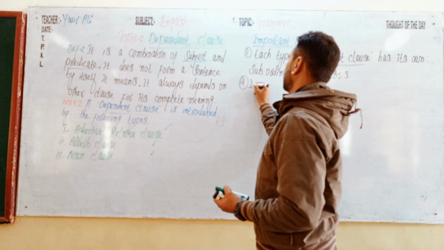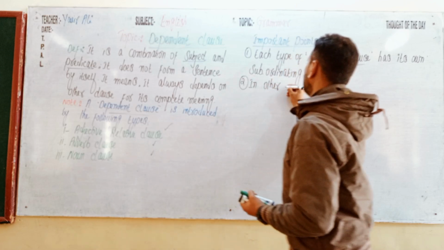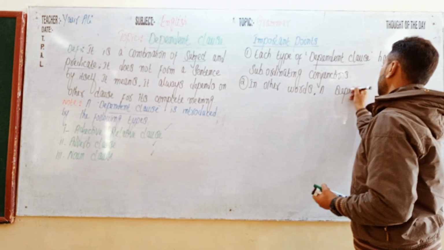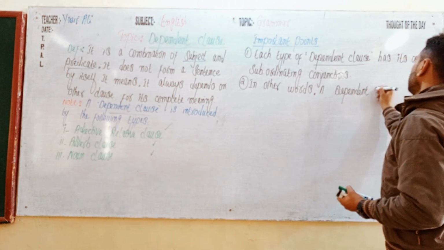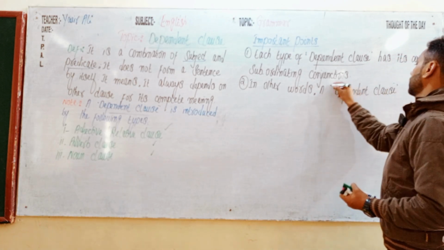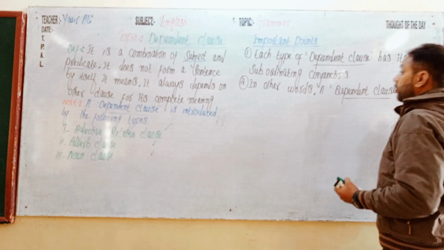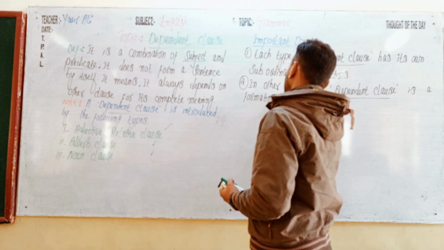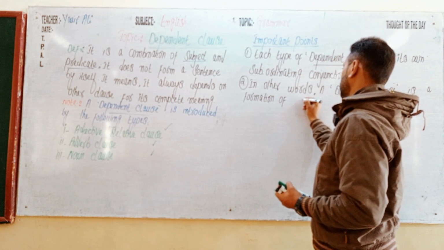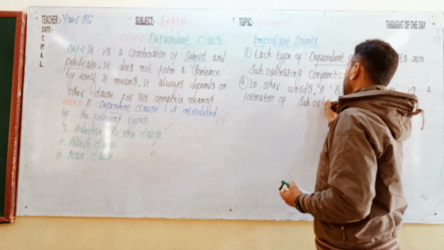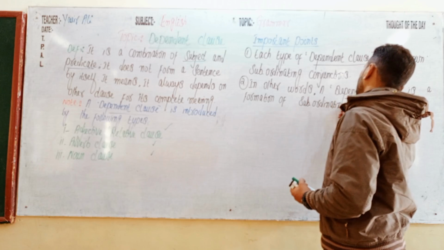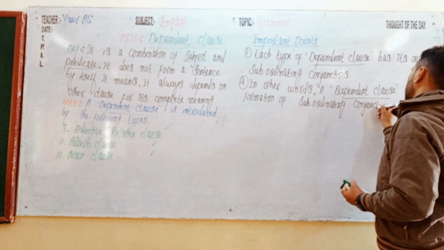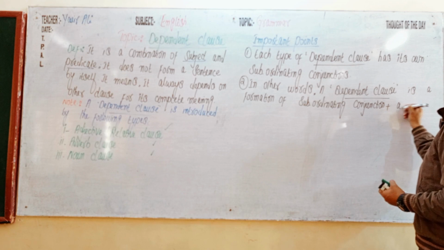In other words, a dependent clause is a formation of subordinating conjunction plus a clause.